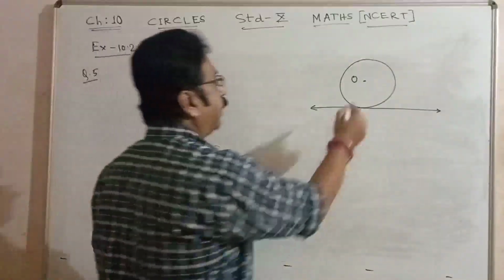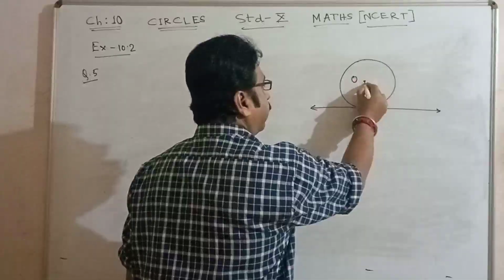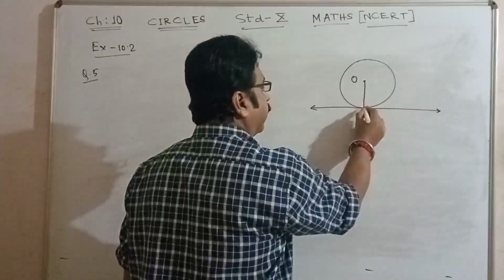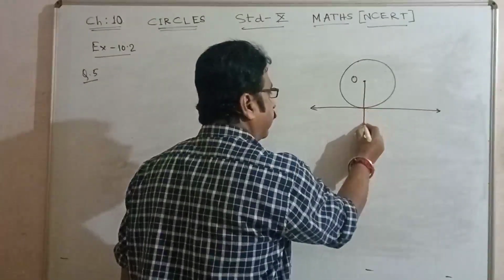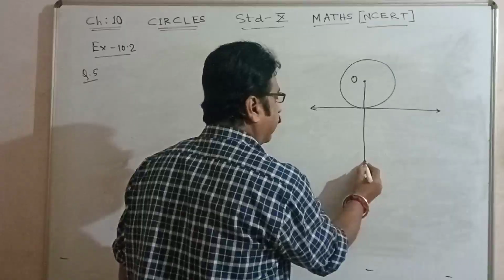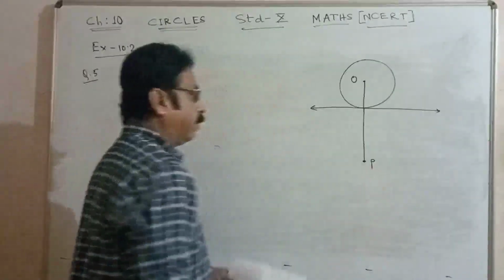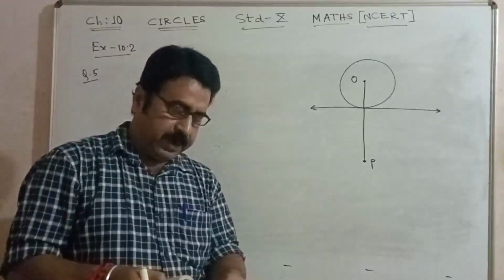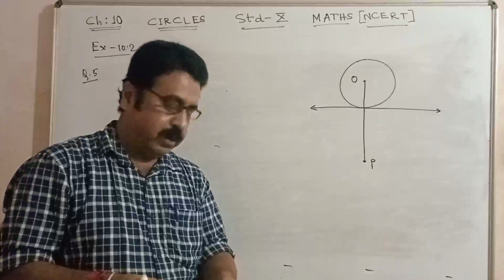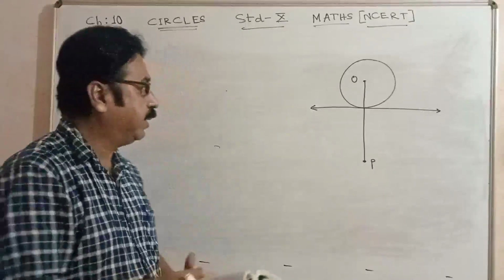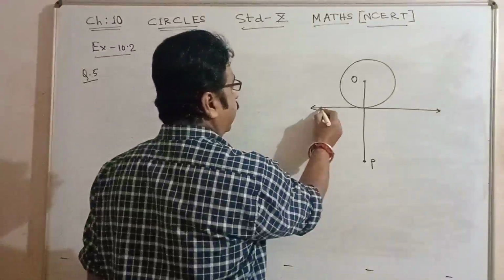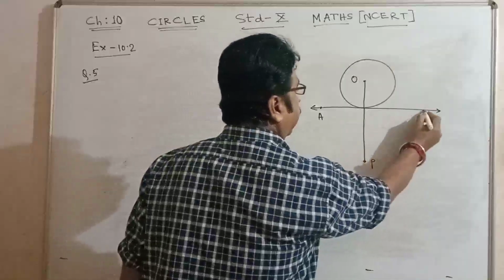Suppose this is the center of the circle. What is given? Prove that the perpendicular at the point of contact to the tangent. Give the name of this tangent A, B.